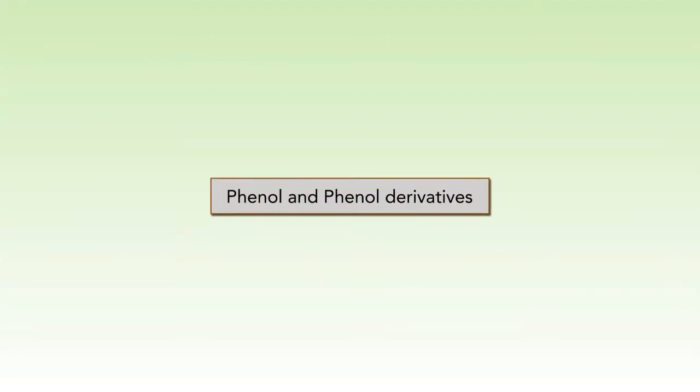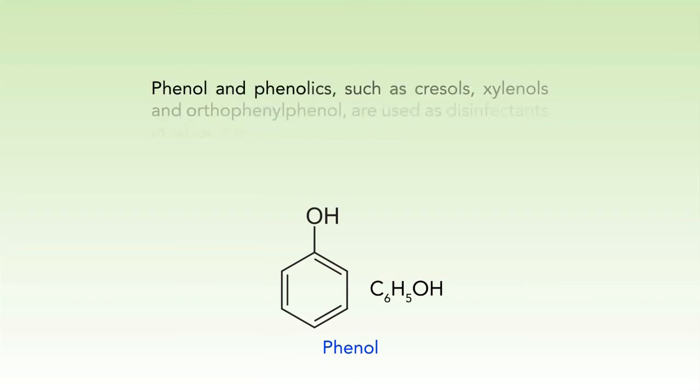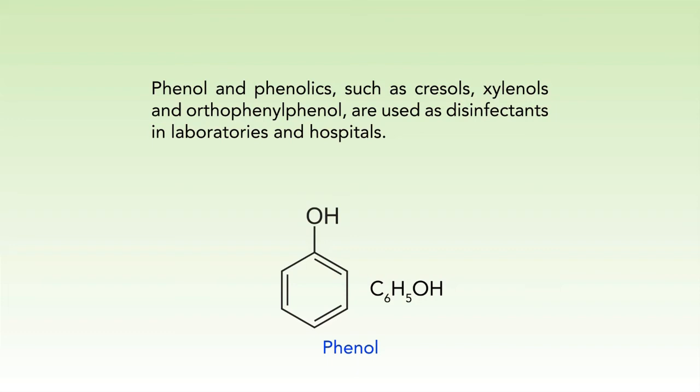A large number of chemicals are in common use, and the first one is phenol and phenol derivatives. Phenol was the first widely used chemical as a disinfectant and antiseptic. Phenol and phenolics such as cresols, xylenols and orthophenylphenols are used as disinfectants in laboratories and hospitals.